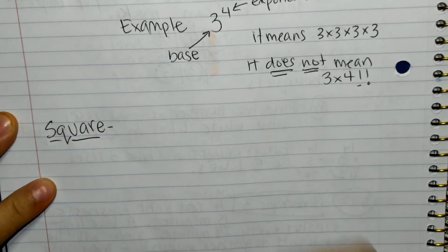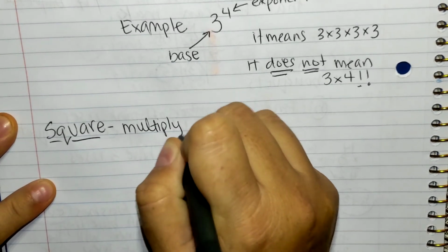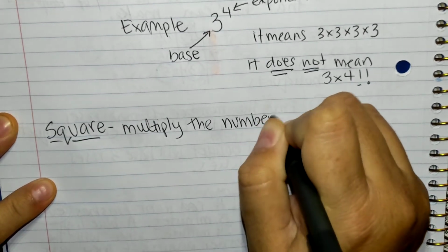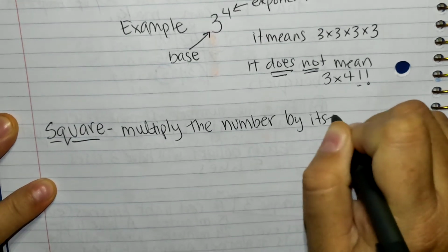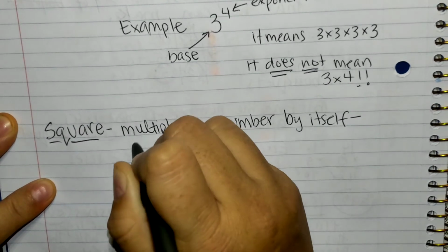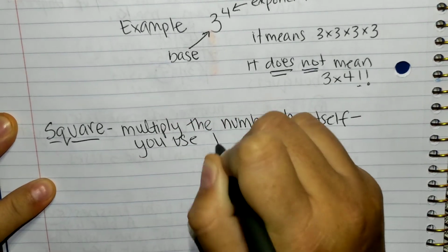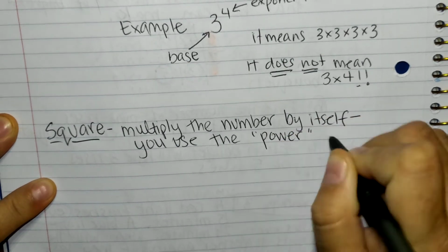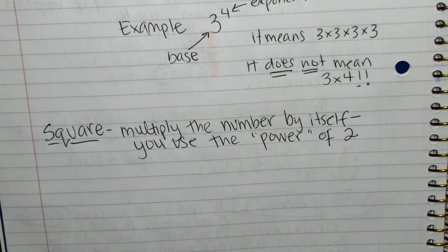A square means you multiply the number by itself. You use the power of 2, or the exponent 2.